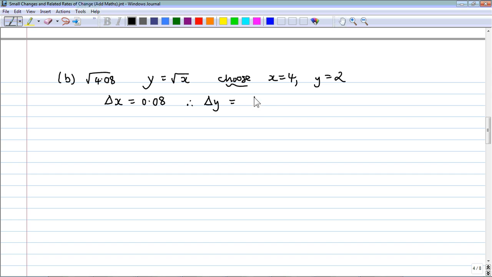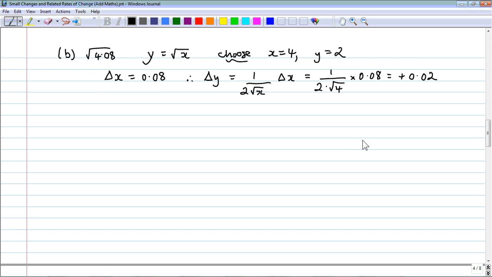So delta y is 1 over 2 root x delta x. 1 over 2 times the square root of 4 times 0.08 is plus 0.02. So the new y of x equals 4.08 is, sorry, I should not forget to put approximately equal.